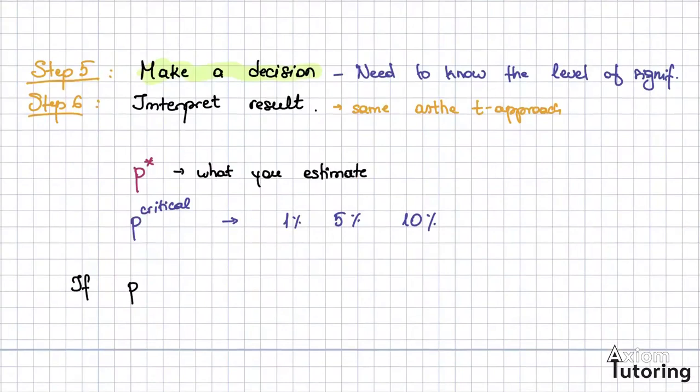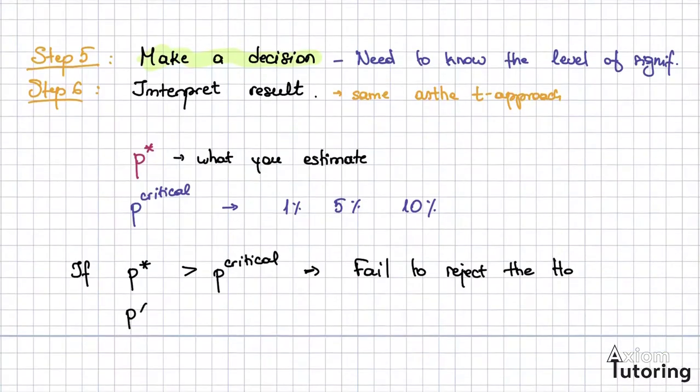Now, what is the decision rule when we use the p-value? If the p star is greater than p-critical, then we fail to reject the null hypothesis. If the p star is smaller than the p-critical, then we reject the null hypothesis.